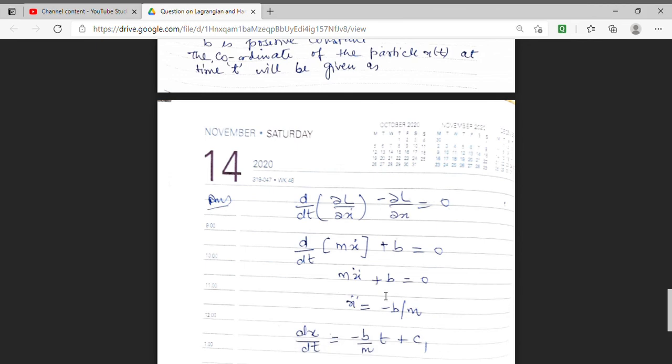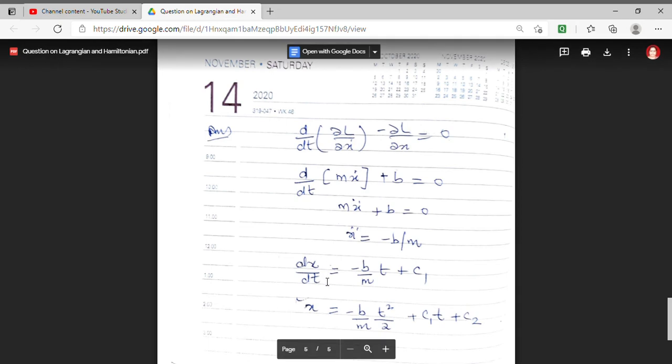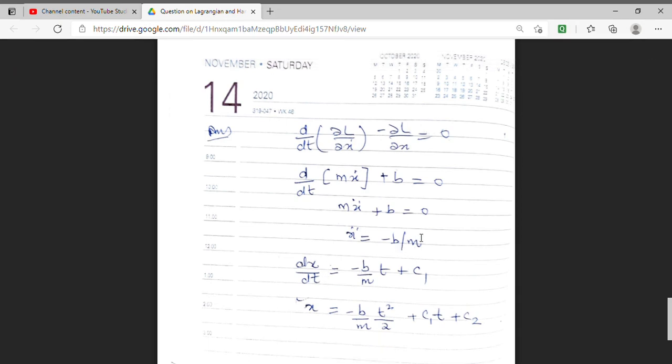So I have x double dot equal to minus b by m. I have to find the position, that means x. For this purpose, I am integrating the double differential equation. So I get dx by dt to be minus b by m multiplied by t plus a constant of integration c1.